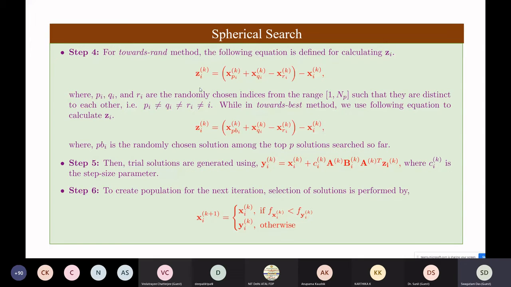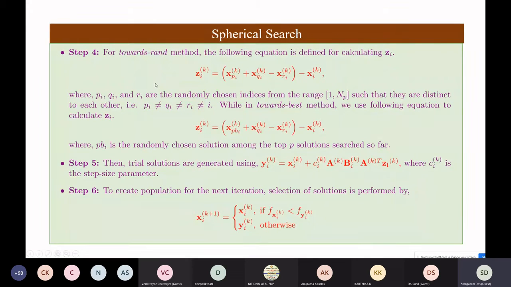There are two versions of spherical search initially. One is towards-rand. In towards-rand, suppose for the ith solution vector, we first calculate a direction Zi. How do we do that? We randomly choose three other solution vectors with indices pi, qi, and ri from the entire population, such that they are distinct from each other.